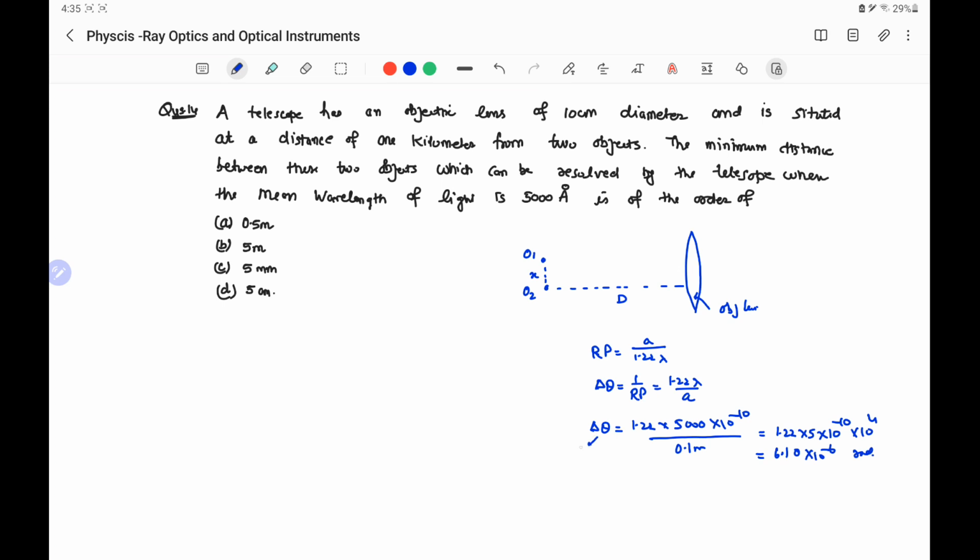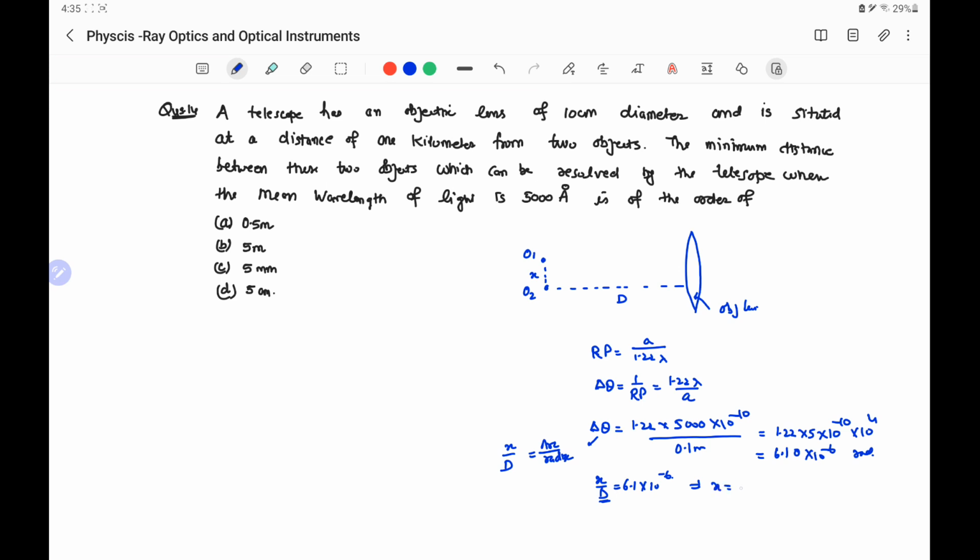And angle is arc by radius. This arc by radius is equal to, arc is the separation between the objects, that is x, and the radius, that means the distance, is capital D. So we can write that x by capital D is equal to 6.1 into 10 power minus 6, and capital D, the distance of the objects from the lens, is given as 1 kilometer.